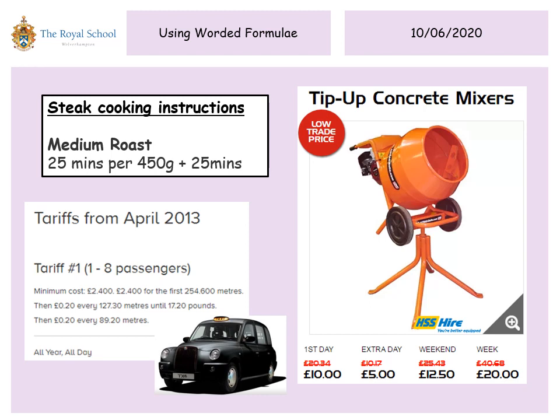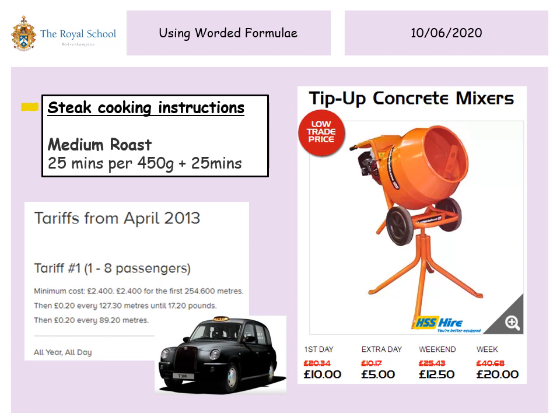So I've got the instructions at the top here for cooking a steak. To get it cooked medium as its cooking level, then it needs 25 minutes in the oven per 450 grams plus another 25 minutes. And this is something that you might see on a packet of meat or a packet of vegetables, and explain how to cook it in the best way.